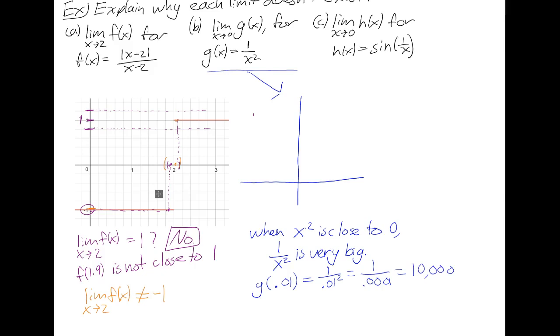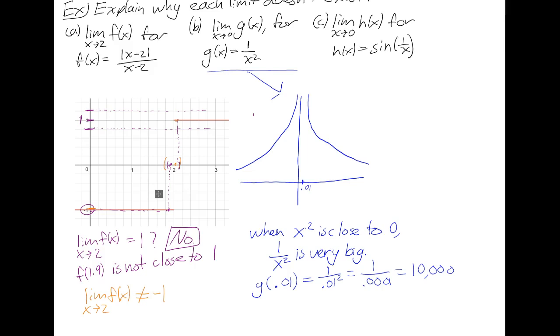So if you plug in numbers close to 0, you get a really big result, which is why it has an asymptote there, which is a good thing to know. So with this, if you plug in values of x that are close to 0, like 0.01, the result is just going to get bigger and bigger.